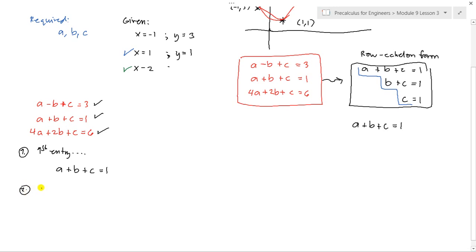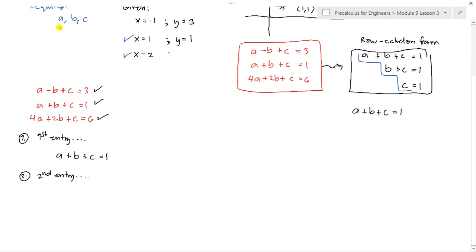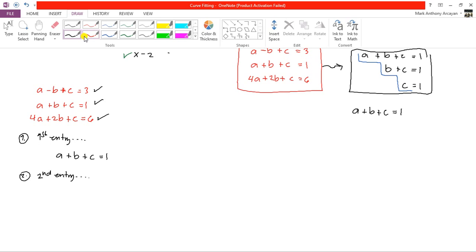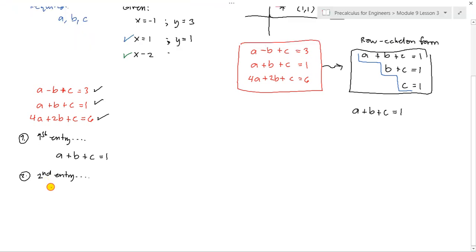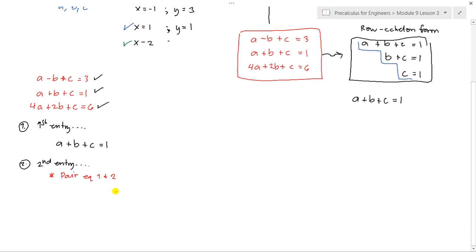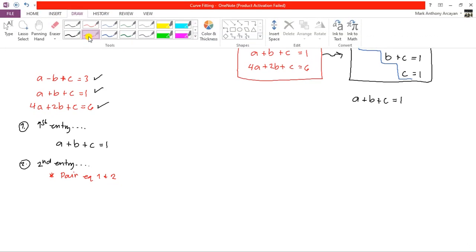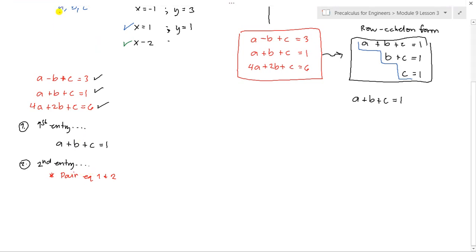After this, we proceed to the second entry for row echelon. In order to find the second entry, what we do first is pair equations 1 and 2. So for the second entry, we pair equations 1 and 2. Equation 1 is A minus B plus C is equals to 3.